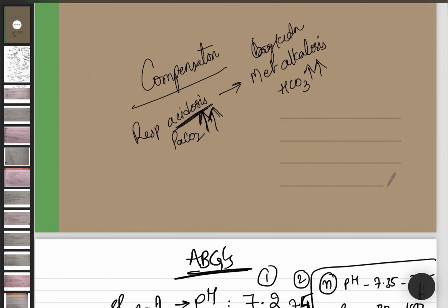This is called compensation by kidney. If the compensation is adequate, if the body is working nicely, then pH will also get neutralized. That means pH will also be in between the range of 7.35 to 7.45.